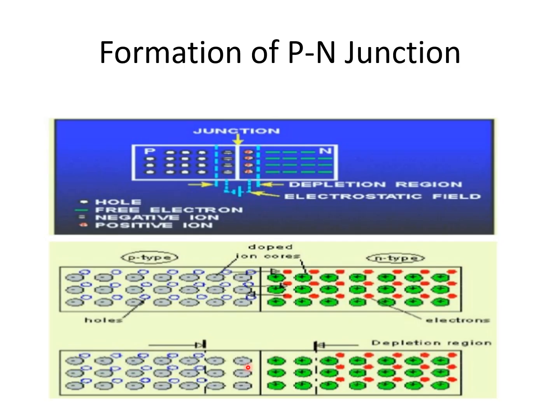If you apply a force to the P side and N side, if you want to move the electrons from N to P, you apply a force to the electrons which is greater than the width of the depletion layer, that means the barrier and the potential developed in the depletion layer. If you apply a potential greater than the depletion layer potential, then electrons will move from N to P.